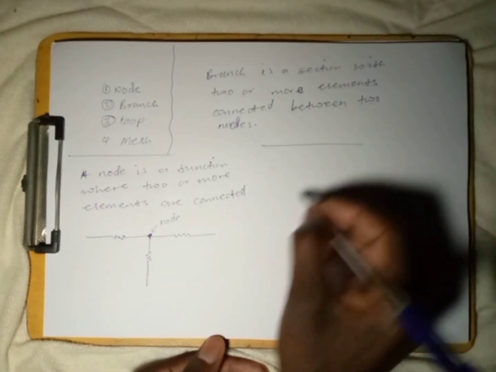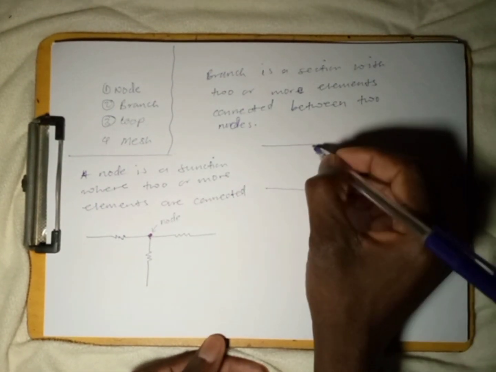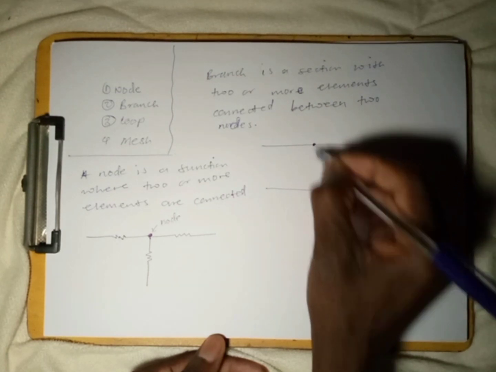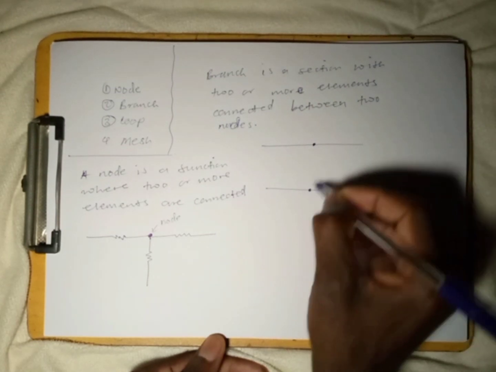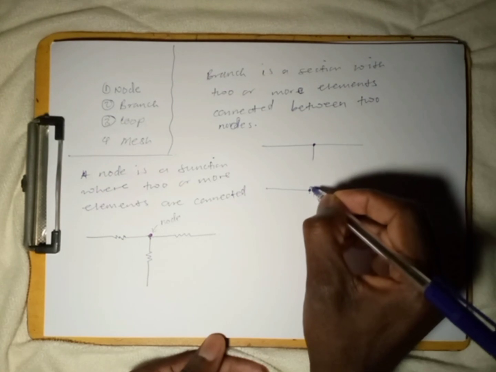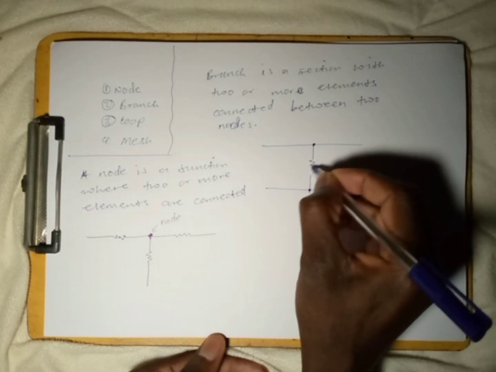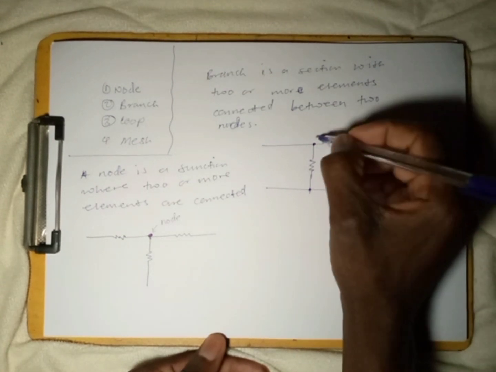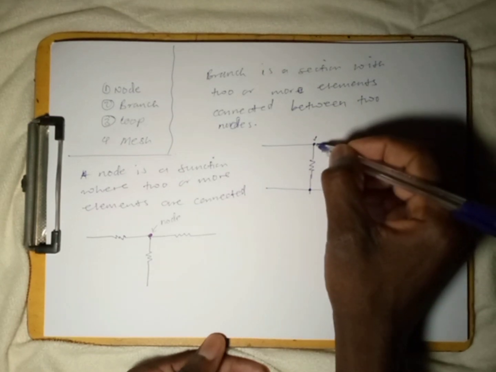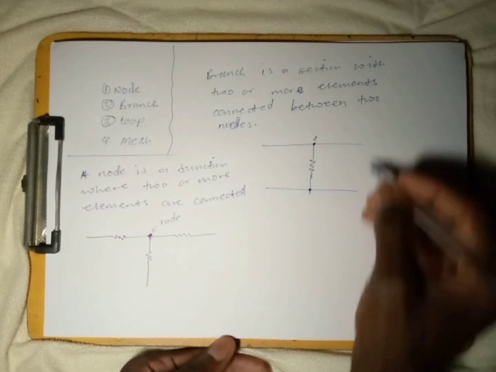If this is a wire, that is a wire, I'll say this has to be a node, and that is also a node. If you connect a resistor between these two nodes, this node and that node, we say this has to be a branch.